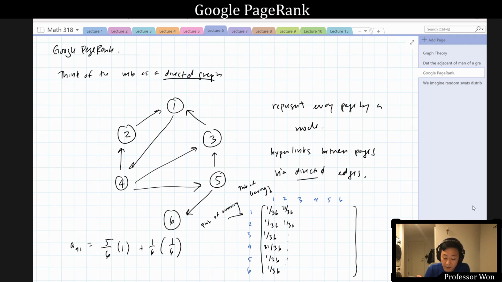I guess the first interesting one is vertex 4. So the fourth column, the chances of ending up at 1 or 6 are still 1 over 36 because you have to roll the dice and then you have to randomly teleport there. But now, for the remaining 5/6 of the time, the user at vertex 4 will click a link on the page. So 1/3 of the time they'll go to vertex 2, 1/3 to 3, and 1/3 to 5.